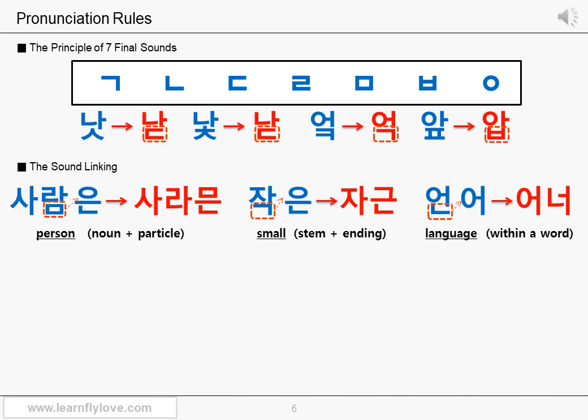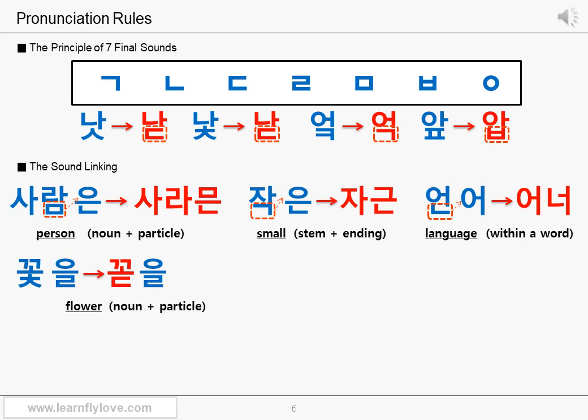Let's see an example to understand what it means. 꽃. 꽃 is a noun which means a flower. Let's add the object particle 을. 꽃 and 을. 꽃을. According to the 7 final sounds rule, the final ch consonant actually sounds like d consonant when it's used as a final.